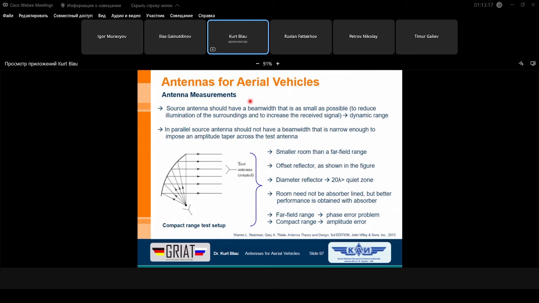No rain, no snowfall, no wind. This is the reason why in a lot of cases such antenna test sites are installed in rooms. But in a lot of cases, it also depends on the measurement scenario, on the antenna you want to measure, and on the working frequency range or the wavelengths.